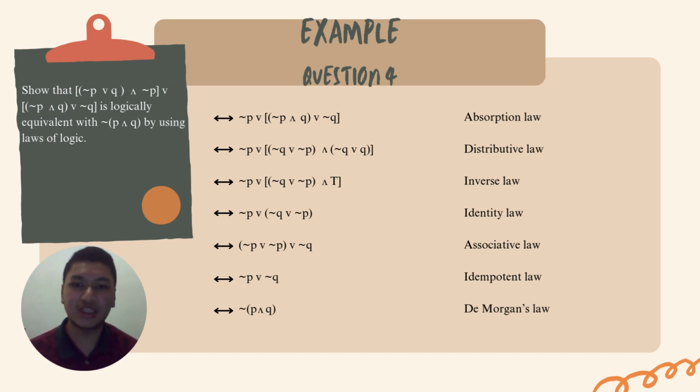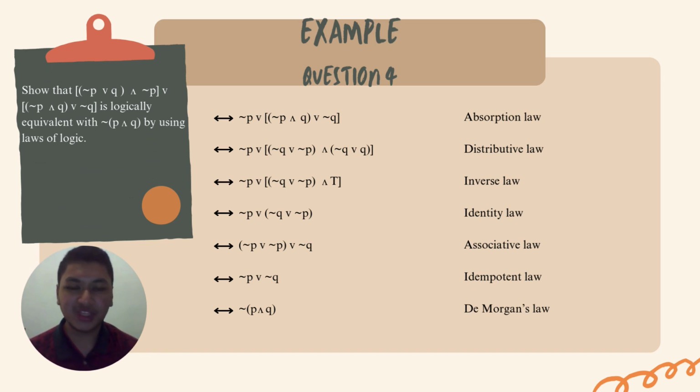That's for A, and for B, we can use the distributive law, which we will expand. So here we will expand the ¬Q with the statement in the bracket. It will become (¬Q ∨ ¬P) ∧ (¬Q ∨ Q).